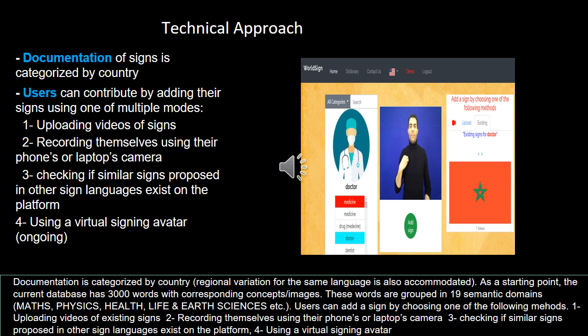Then we have another mode of input, which is describing the sign by animating an avatar in real time. This fourth mode is still ongoing.